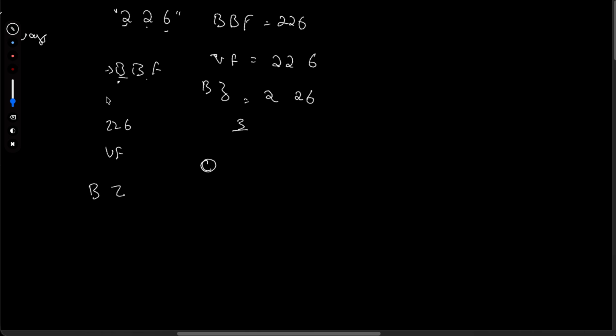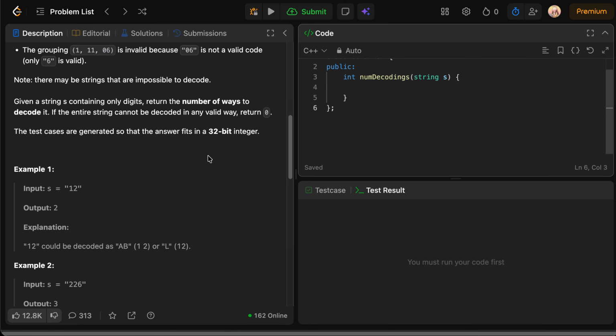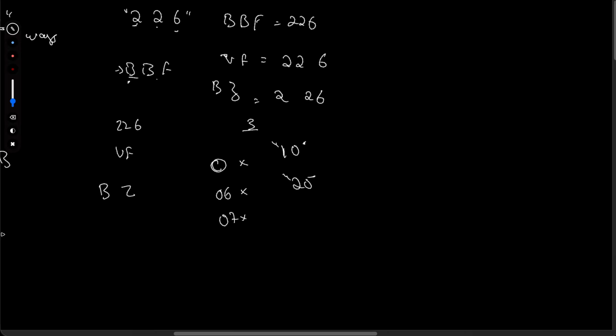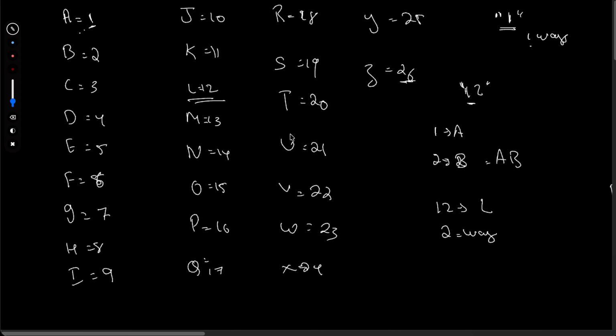A 0 must always come with 1 or 2: if 10 comes, it is valid, and if 20 comes, it is valid. So you are given a string of digits, and each number from 1 to 26 maps to a letter.